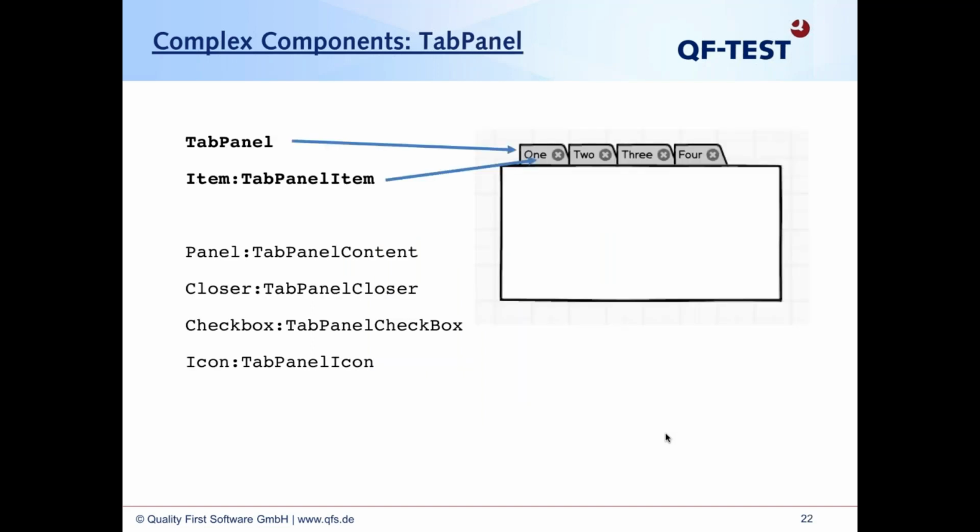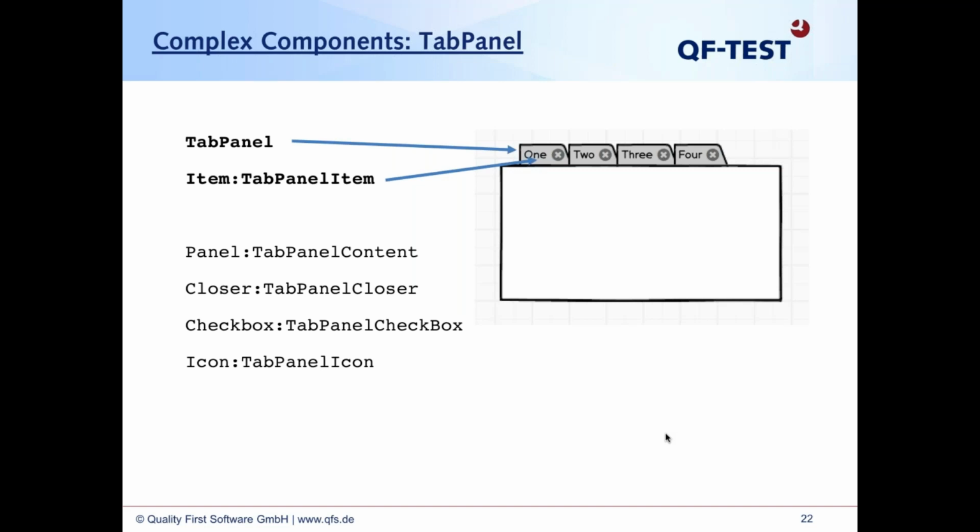And then there is a tab panel to structure the web element into several panes. And you teach QF-Test what is the container again, and what are the items to select different tabs. And then you can also teach QF-Test, by assigning the correct generic class name, what is the panel for the tabs, where you can close it, what is the icon and the checkbox again.